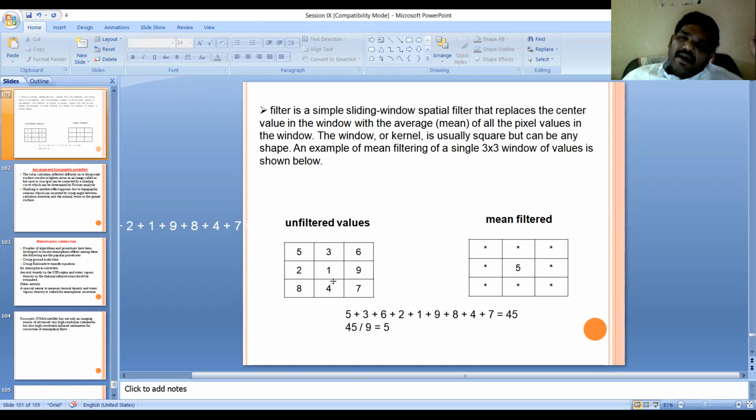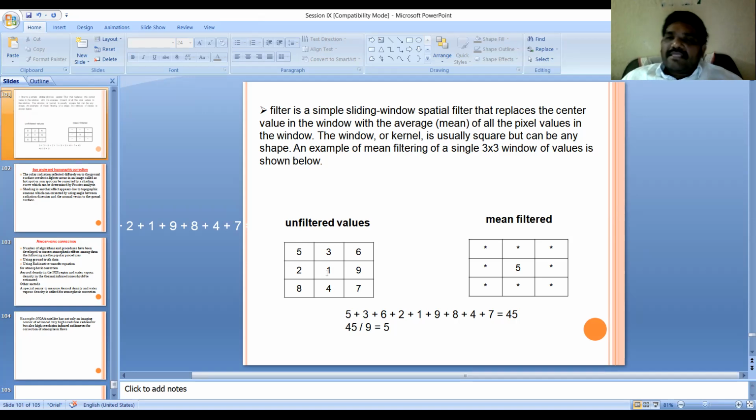The value which is not synced, not matched with the neighboring pixels, is called random noise.